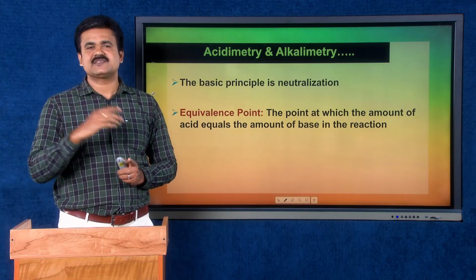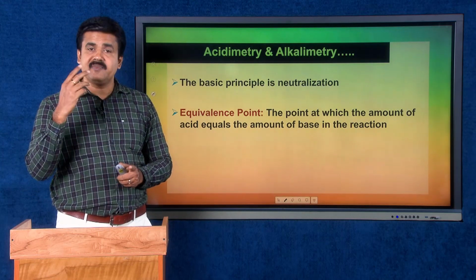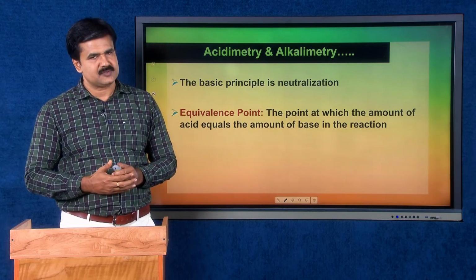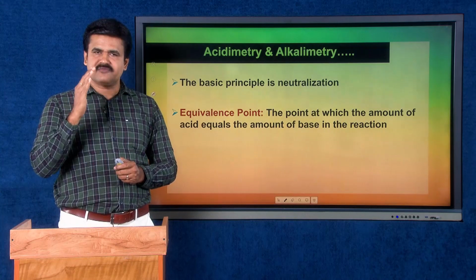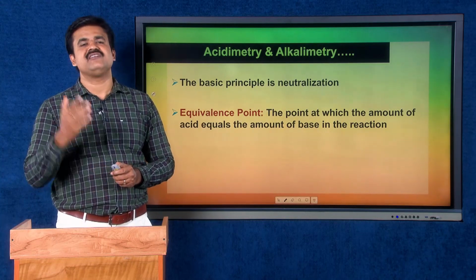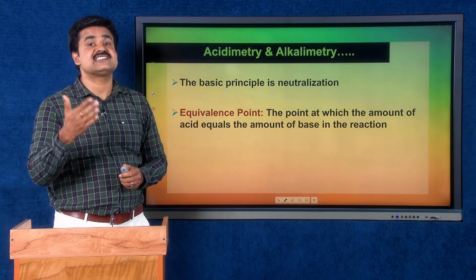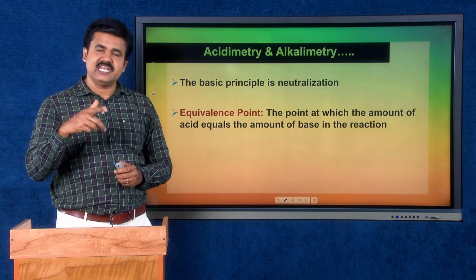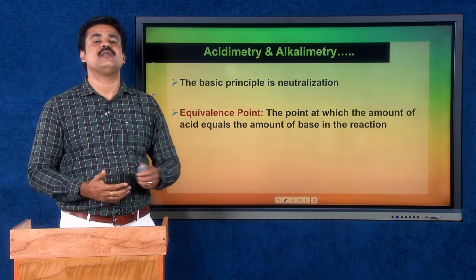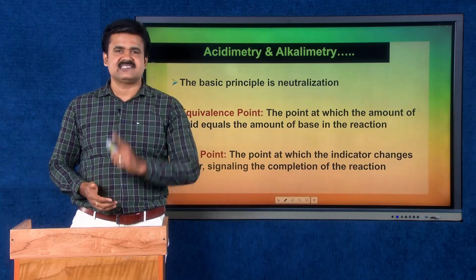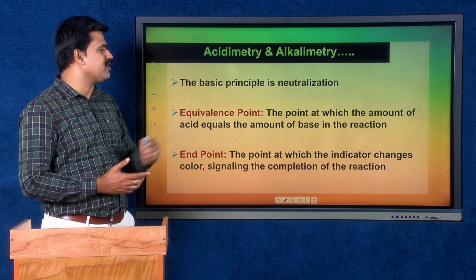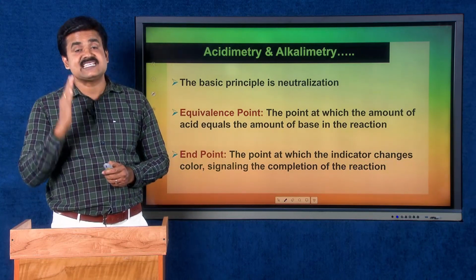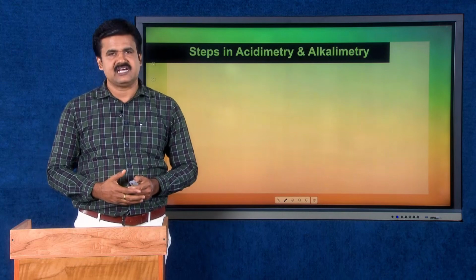But equivalence point cannot be determined experimentally, only theoretical determination is possible. However, instead of finding out the equivalence point, we are finding out the end point, which is a mere indication of the equivalence point, and end point can be evaluated with the help of indicators. That is, end point is the point at which the indicator changes color, signaling the completion of the reaction.